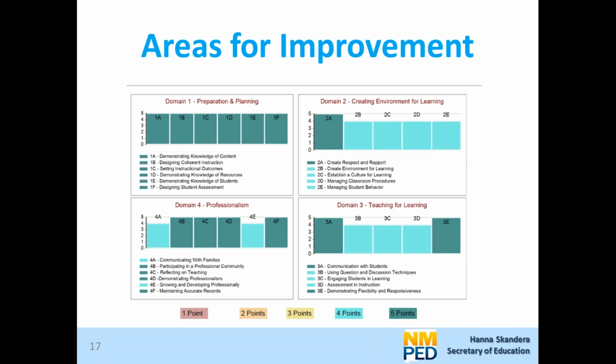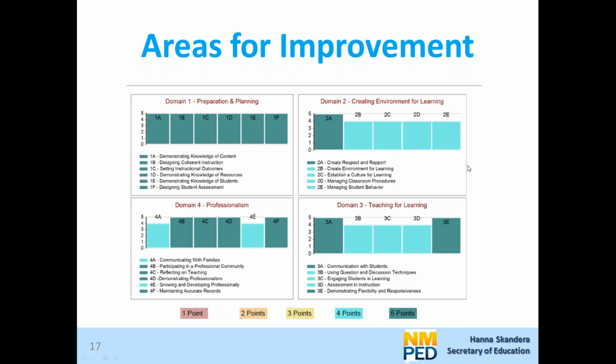The next set of bar graphs depict the teacher's profile of performance across the 22 indicators on the NMTEACH rubric. So in domain 1, this teacher is scoring 5 out of 5 on all 6 of the indicators. And the labels of the indicators are just below the bar graph.